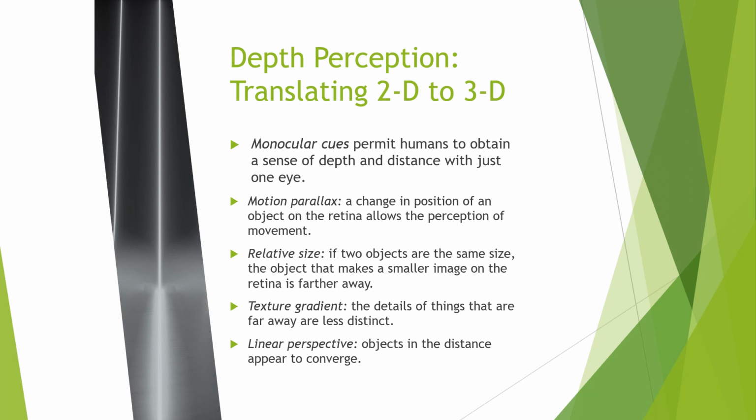We also have what is called linear perspective. This is where objects in the distance appear to converge. The farther away objects are from you, the more they come together, right? That's what convergence means. They converge together. However, if they're up close, you can tell that they're not together. That's the linear perspective.